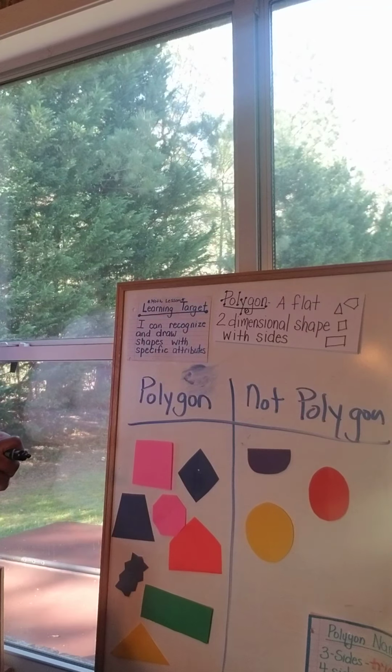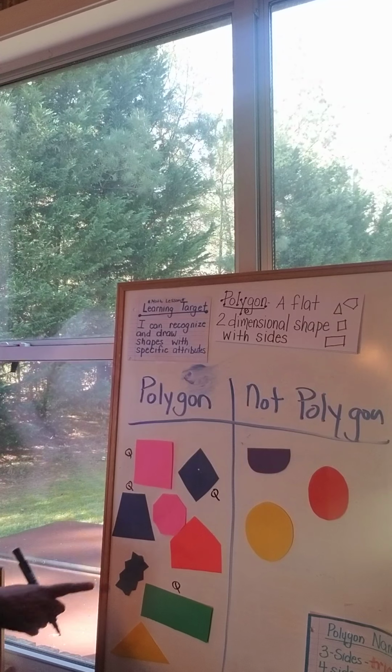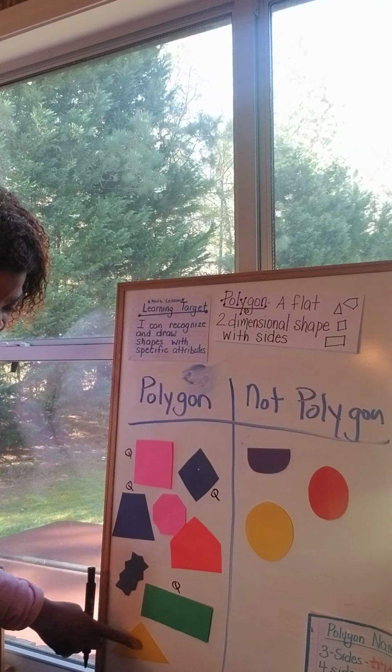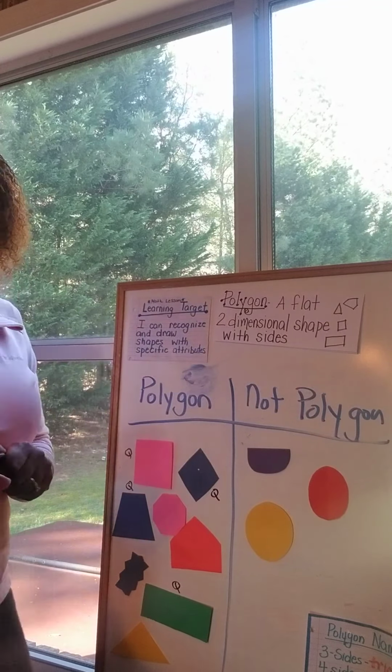No Q. Rectangle. Yes, it gets a Q because it has 4 sides. And this made-up shape has way more than 4 sides, so no. And the triangle does not get a Q either. So some shapes are polygons, some are not polygons, but some shapes are polygons, and they are also quadrilaterals, okay?